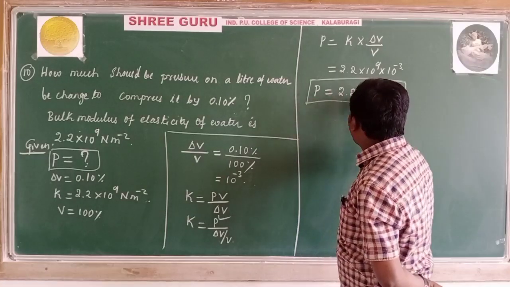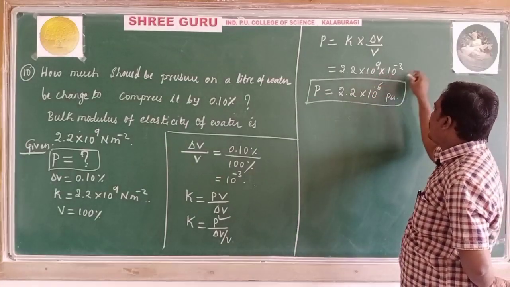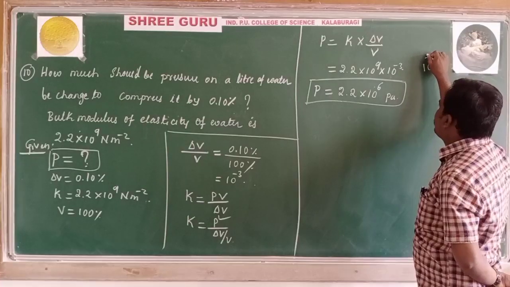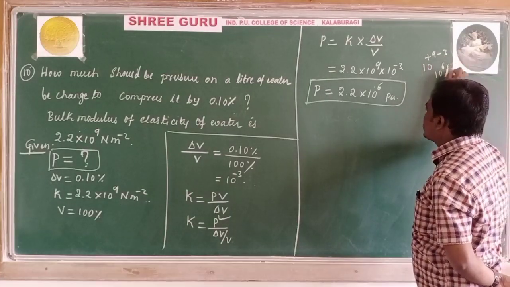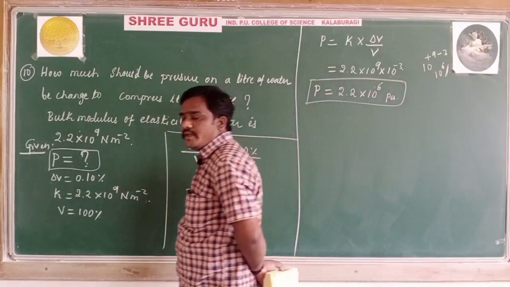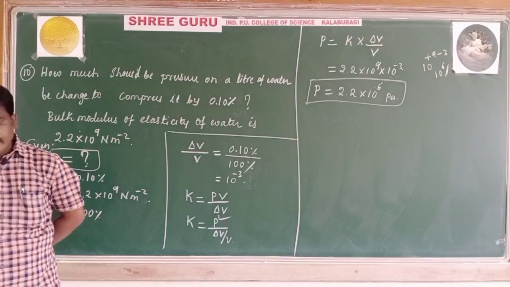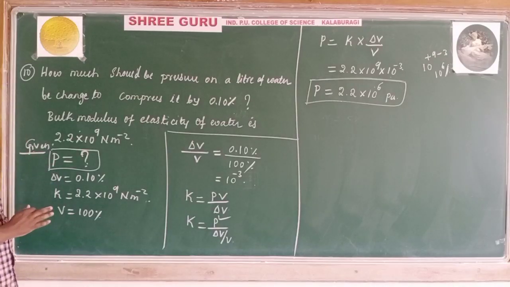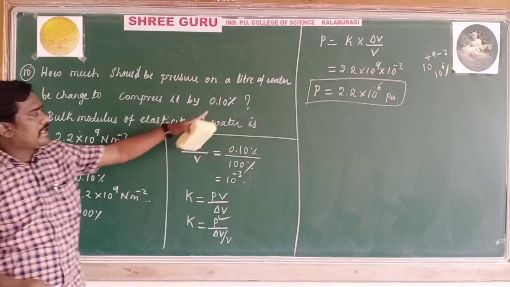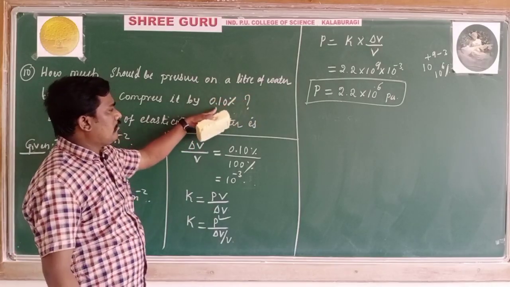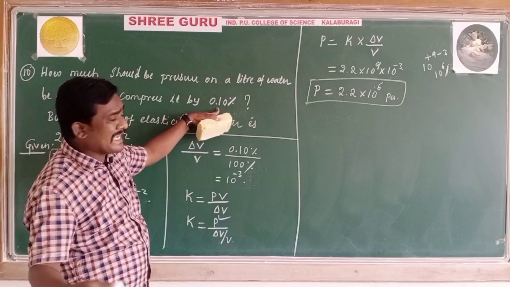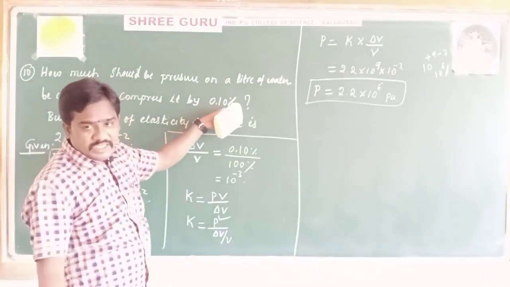Why is it 10 to the power of 6? Bases are the same, powers should be added, that is plus 9 minus 3 is nothing but 10 to the power 6. That is 2.2 into 10 to the power of 6 Pascal is the pressure that should be on a liter of water to compress it by 0.10%. You may find 0.2%, you may find 10%, you may find 40%.